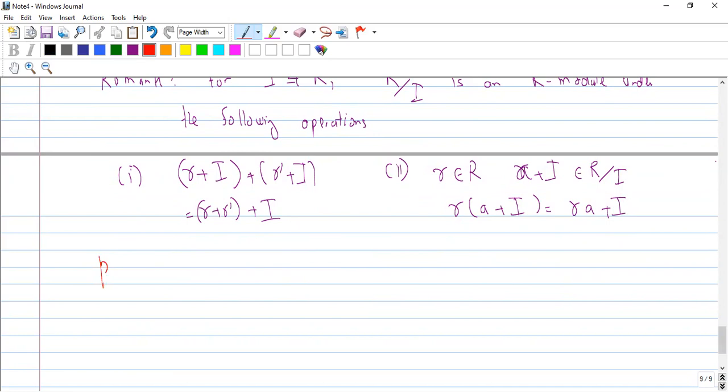So what is the proof? Suppose M is a cyclic R module.